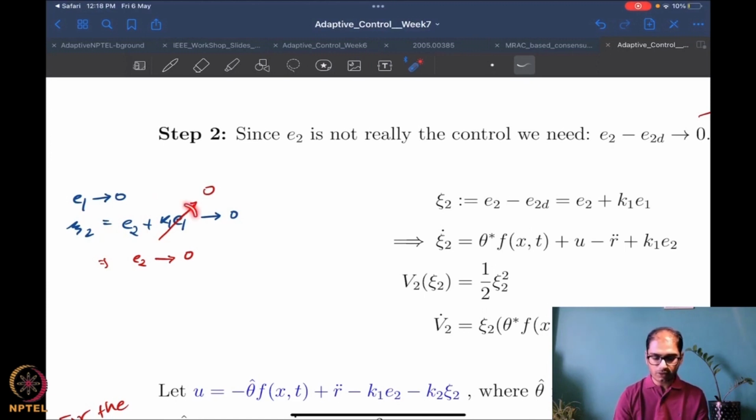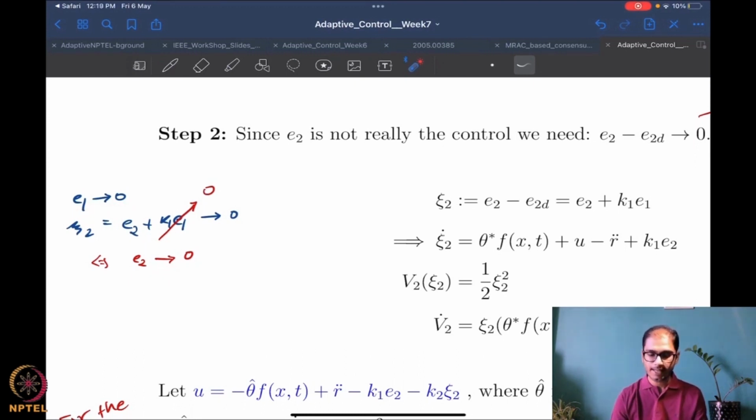If this guy was not going to 0, then E2 would have been non-zero as t goes to infinity, but that's not the case. E1 is in fact already going to 0 as t goes to infinity, and therefore the only way for the summation psi 2 to go to 0 is if E2 also goes to 0. So this is like an equivalent thing. So we have essentially been able to recover that E1 and E2 both go to 0, as we require.